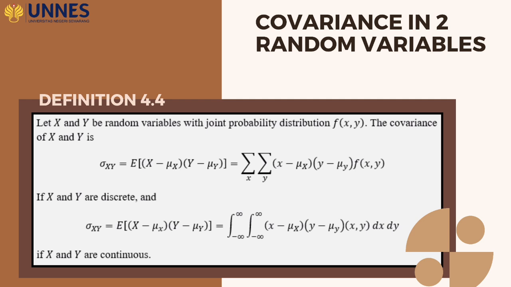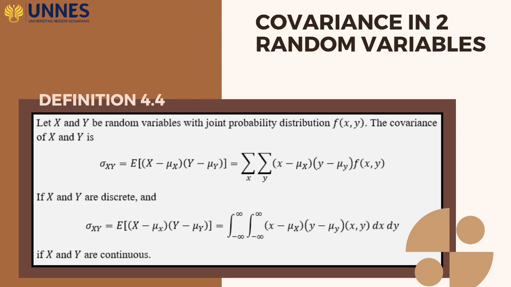Okay, we have covariance of two random variables. We have definition 4.4 that says: let X and Y be random variables with joint probability distribution f(x,y). The covariance of X and Y is sigma xy equal E[(X minus mu x)(Y minus mu y)], equals the sum over x, the sum over y of (x minus mu x)(y minus mu y) f(x,y), the formula if X and Y are discrete.